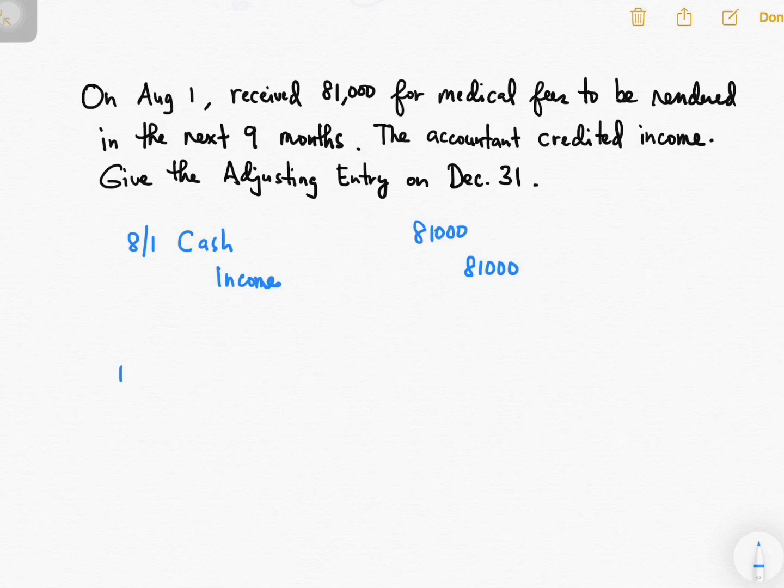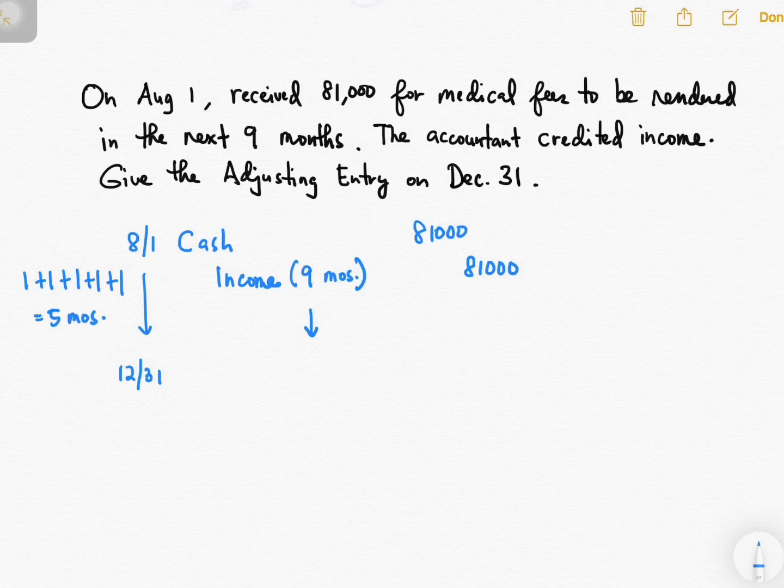And you are tasked to compute the adjusting entry on December 31 because your journal entry is still not updated. What's wrong with your initial entry? You credited income for 9 months. But if you count from August 1 to December 31, that's how many months? August, September, October, November, December. So this is only 5 months.